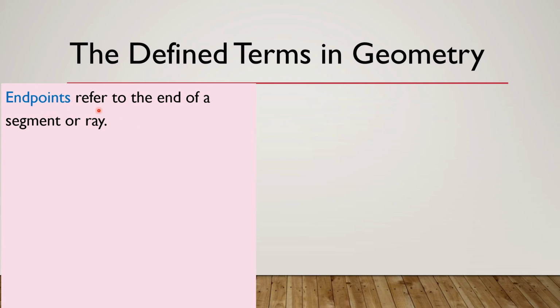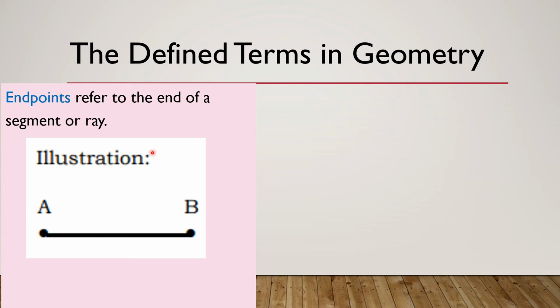Endpoints refer to the end of a segment or ray. Like in the illustration here, we have a segment, and the ends of the segment are the endpoints: endpoint A and endpoint B. How do we name these? A and B are endpoints. Because they are points, we name them using capital letters. A and B are endpoints.